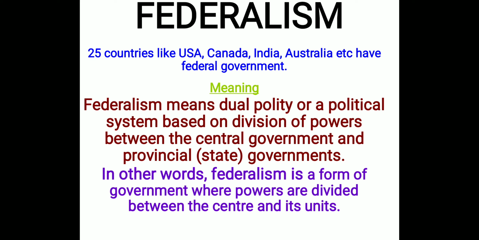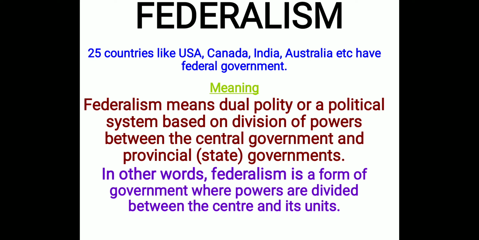Each and every state has its own government. And both governments, central government and the state government as well, get their powers from the constitution.